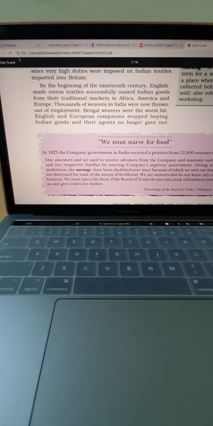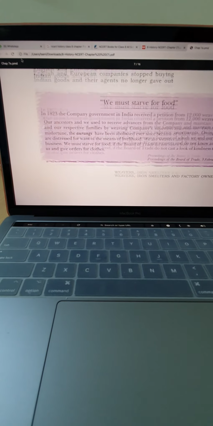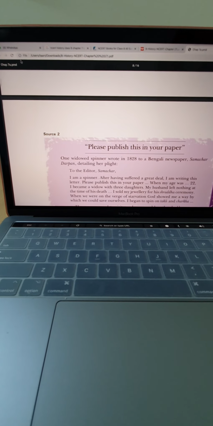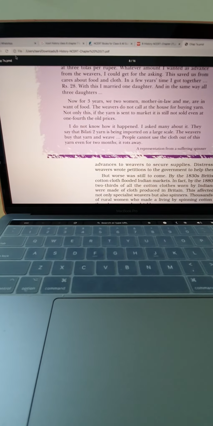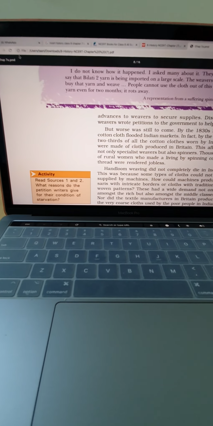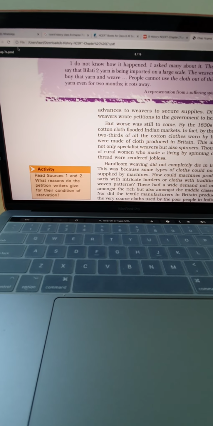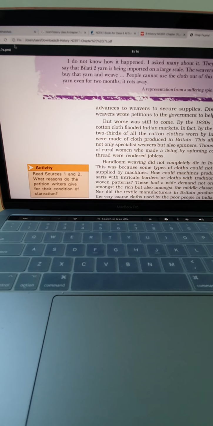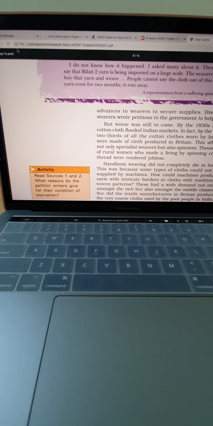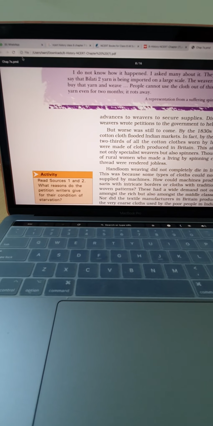Khadi became a symbol of nationalism in India. Weavers started working as agriculture laborers, mill workers, and started migration as wage earners.